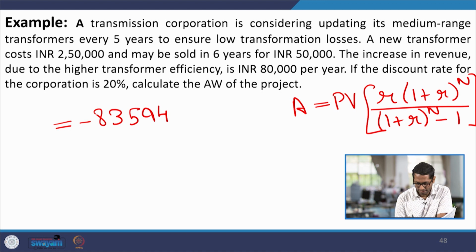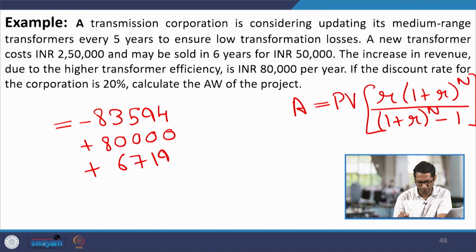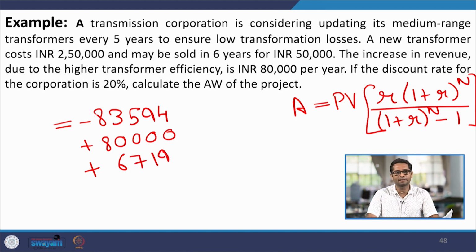My profit is around 80,000 per year, so I add that. Further, I also make a gain because of the selling of the transformer at the end of 6 years. So even that needs to be equally divided among the 6 years, and I can use the same formula and I'll get the value of around 6719. I would want you to do the calculations at your end.